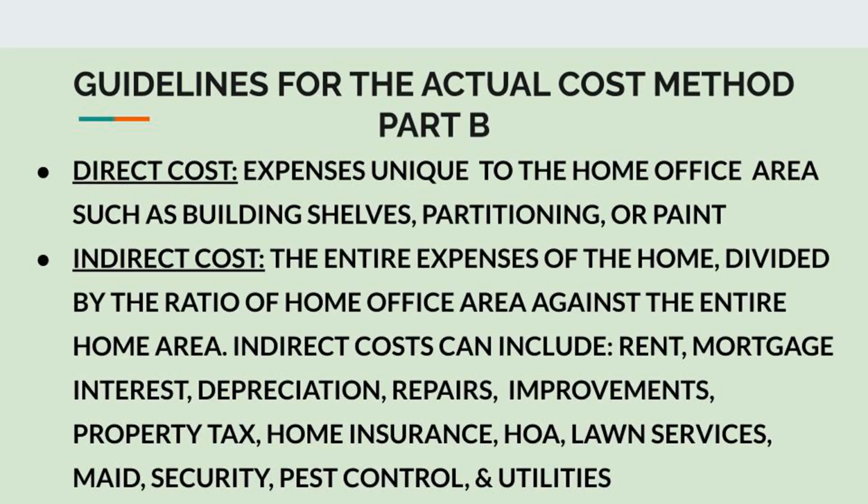Now there are two sets of expenses that you can count for your housing expenses. The first one is the direct expense. What that means is expenses unique to the home office area, such as building shelves, partitioning, or painting, for instance. Essentially, direct expenses are unique to that portion of the home office, not the entire house.